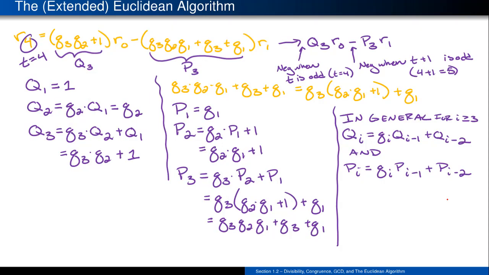And it's pretty cute. What ends up happening is that if we look at this particular stage, I have my Q1, which was a 1. My Q2 is then achieved by taking the previous quotient, that quotient Q2, multiplied by that previous Q1, which in this case is just a Q2. And then at this next bit, you can see that I have Q3, so the current quotient, multiplied by the previous quotient, plus a 1.